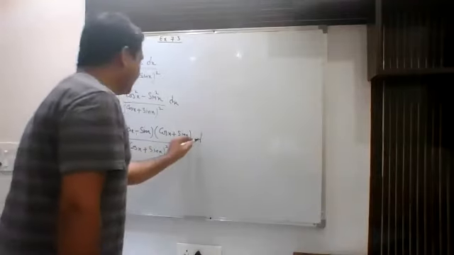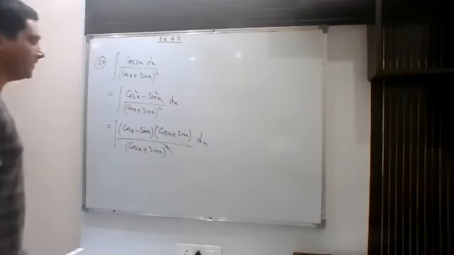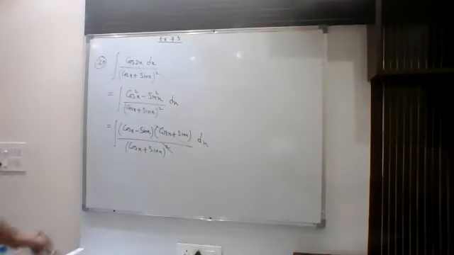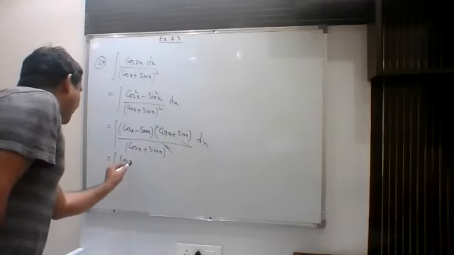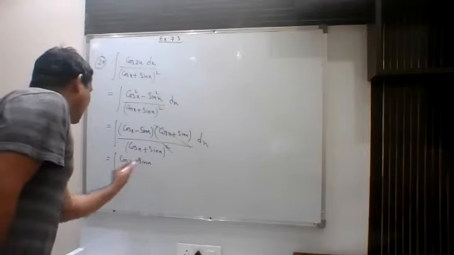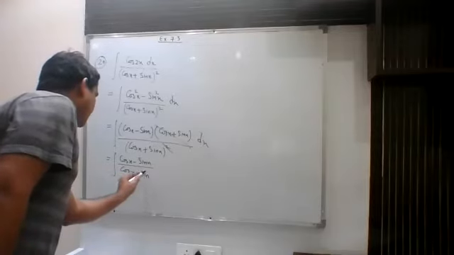After writing like this, we can cancel out one factor. This expression will cancel out with this one. Now you are left with cos x minus sin x upon cos x plus sin x.